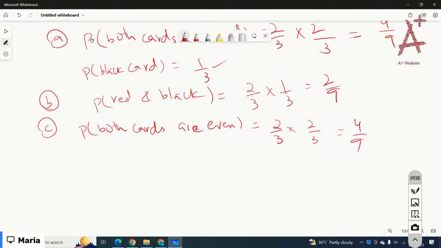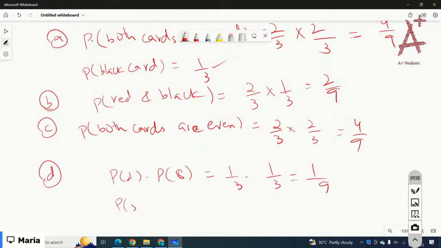D part. The probability of 2 and the probability of 8, because 8 plus 2 makes 10. The probability of 2 is 1 by 3, the probability of 8 is 1 by 3, it makes 1 over 9, right?